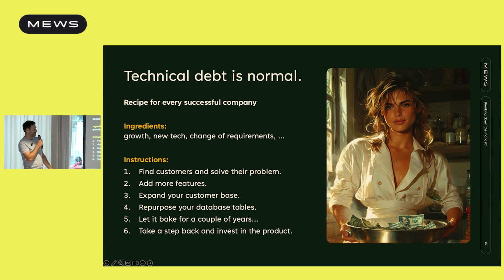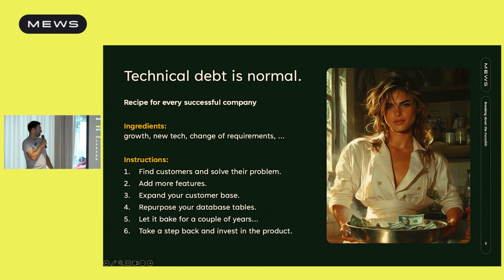Maybe you think it's a good idea to repurpose your database tables for something else because migrating data is difficult, right? And then you wait a couple of years and you have a problem. You need to invest in your product now. You need to do some technical investments. And that's what I'm talking about.